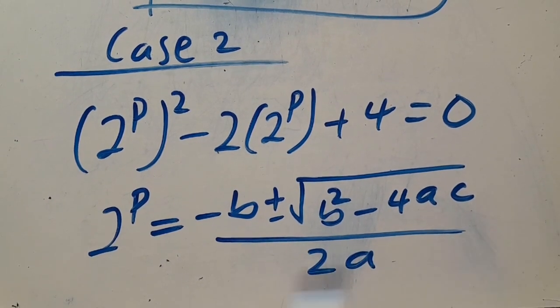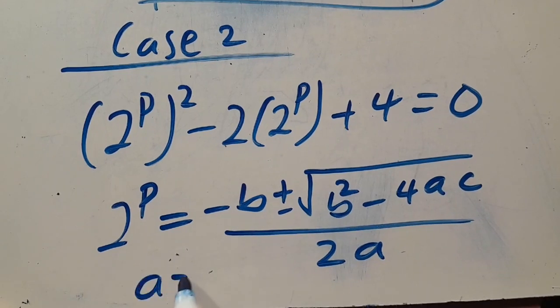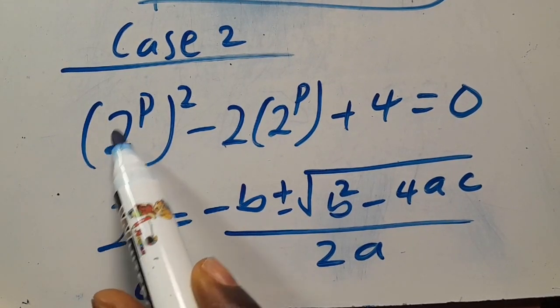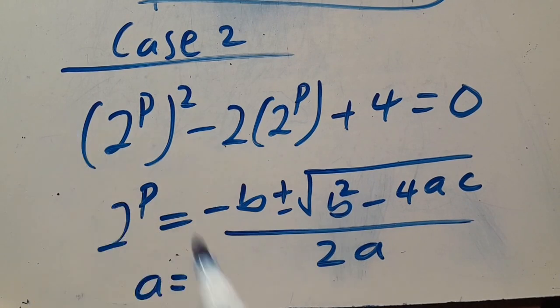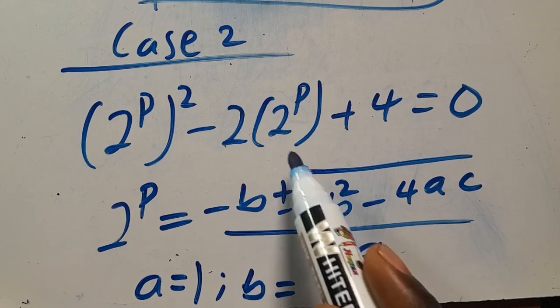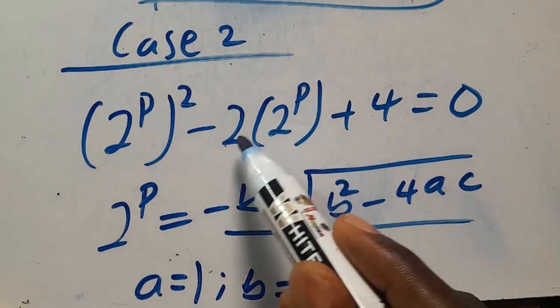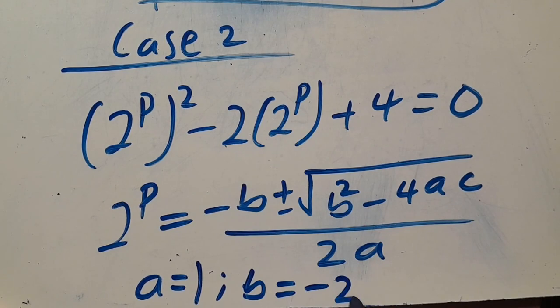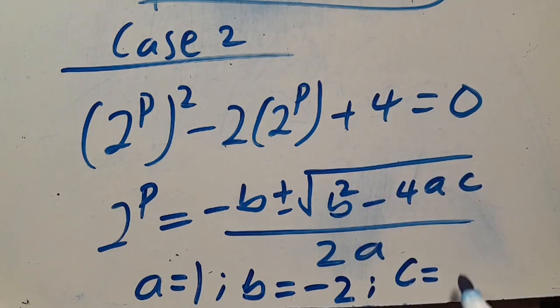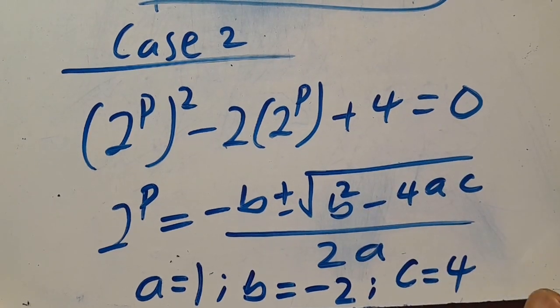So from here, the parameter a is the coefficient of (2 to the power of p) squared, which is 1, while parameter b is the coefficient of 2 to the power of p, which is minus 2, while the parameter c is the constant of the quadratic, which is 4.